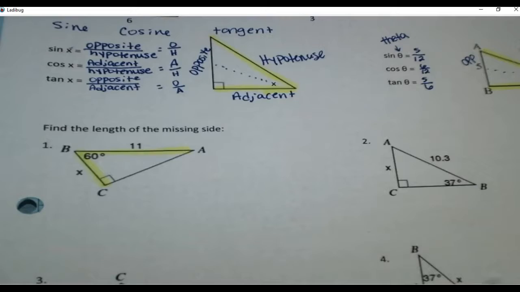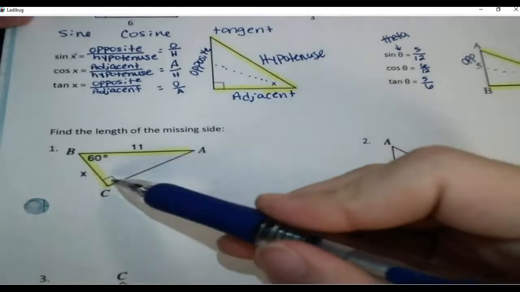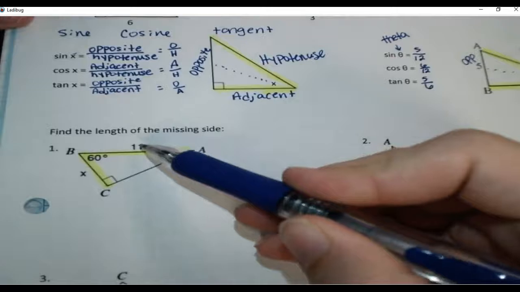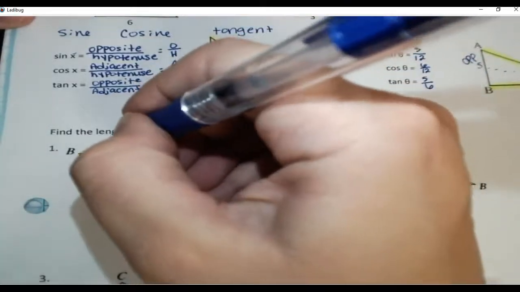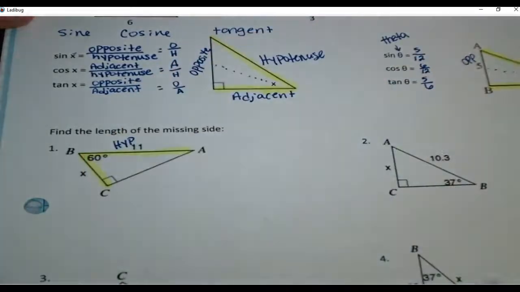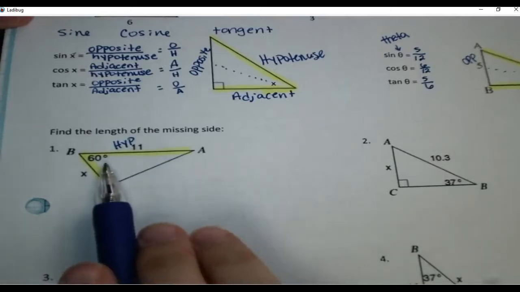Any questions on the highlighting? Okay. Now we're labeling the triangle. Here's our right angle. Across from it is the hypotenuse. You highlight the one that it gives you that's not the right angle.